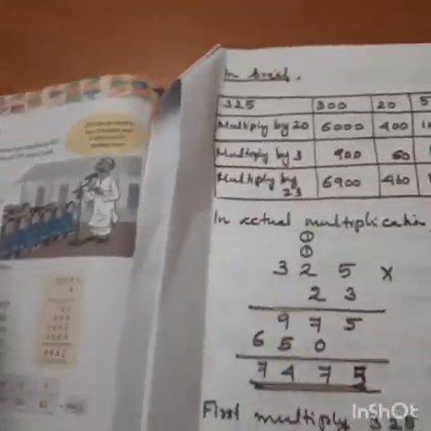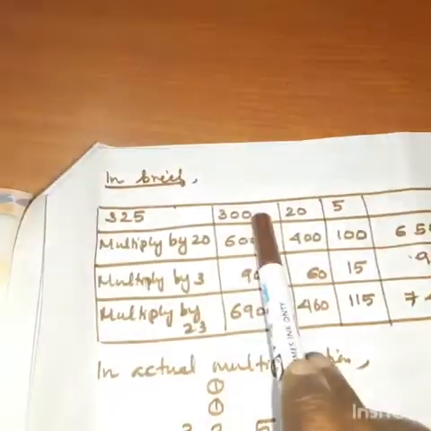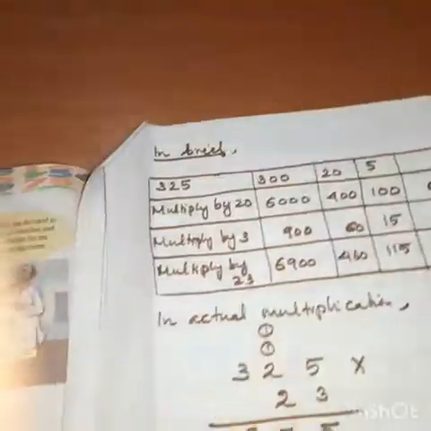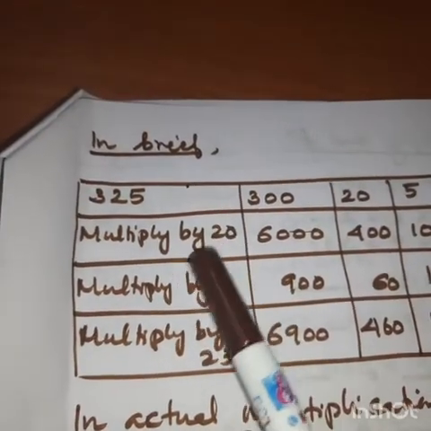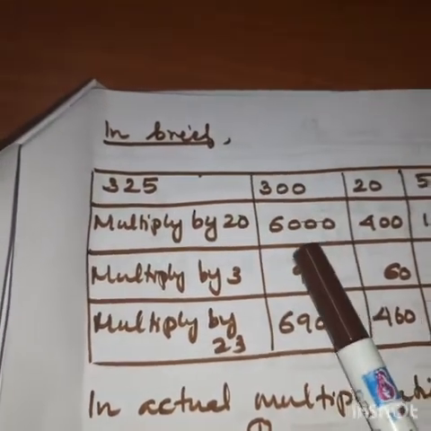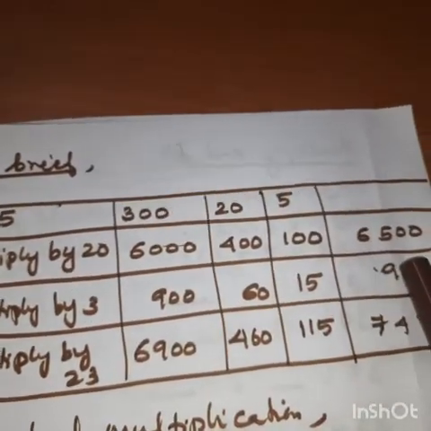7475. Then in short we can say that 325 is split as 300 plus 20 plus 5. Then multiplying by 20, 23 is split as 20 and 3. Multiplying by 20: 20 into 300, 6000; 20 into 20, 400; 20 into 5, 100; total 6500.